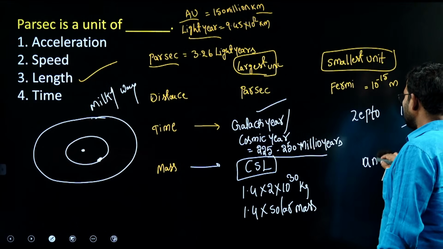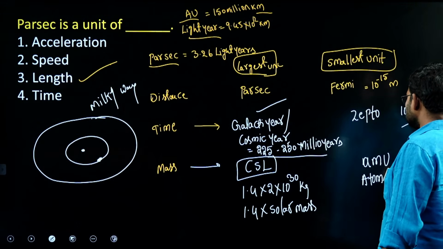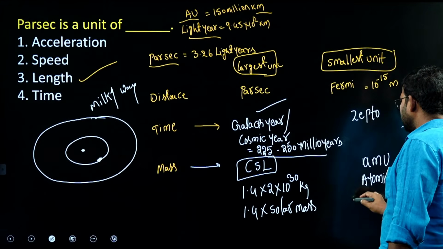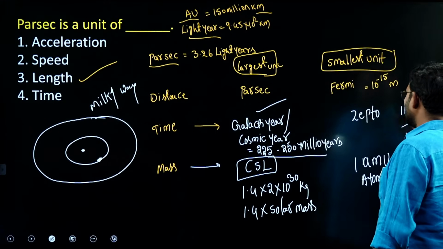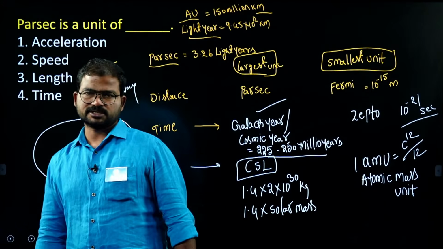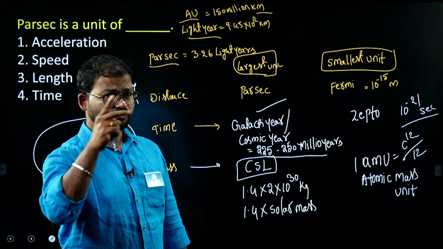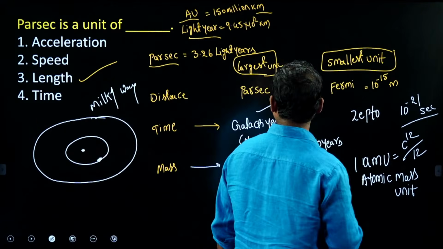AMU, atomic mass unit. 1 AMU is equal to C12 by 12. If you divide the C12 atom into 12 parts, then each part is treated as 1 AMU.